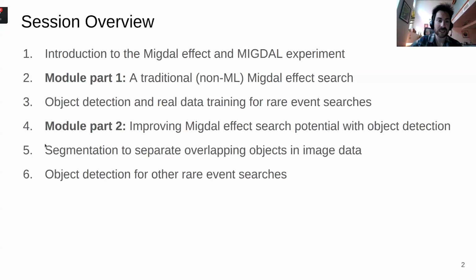One is called segmentation, which you can use to separate overlapping particle tracks. In general, you can separate overlapping objects in image data using this technique, and we'll talk about how we use that in the Migdal experiment. Finally, I'll briefly highlight some other rare event searches where object detection could be of use.